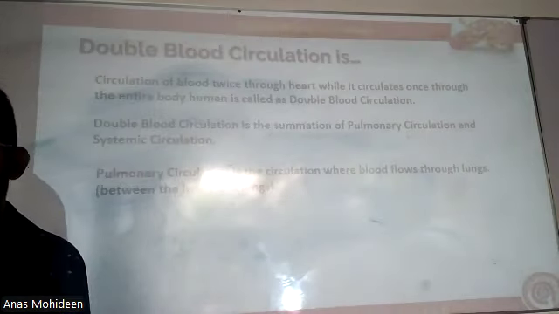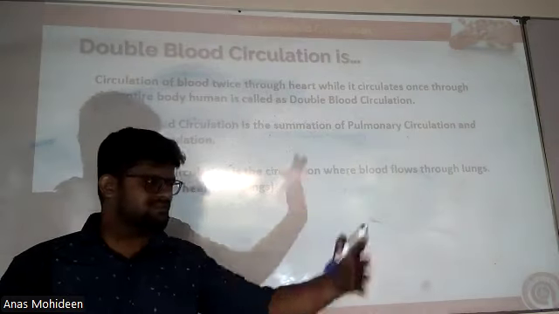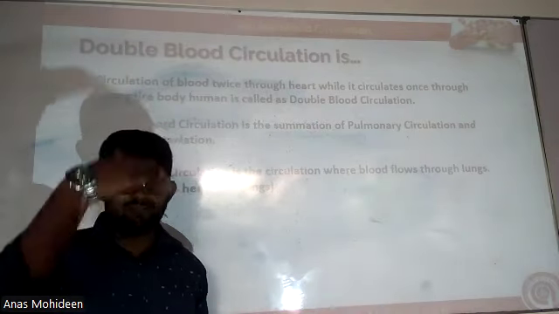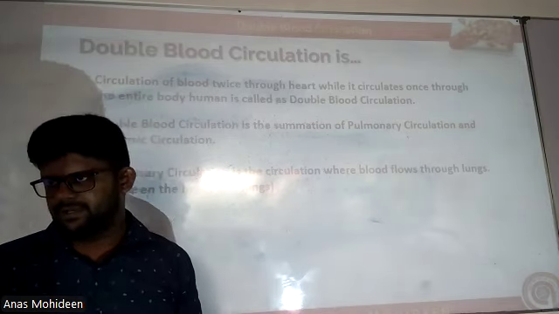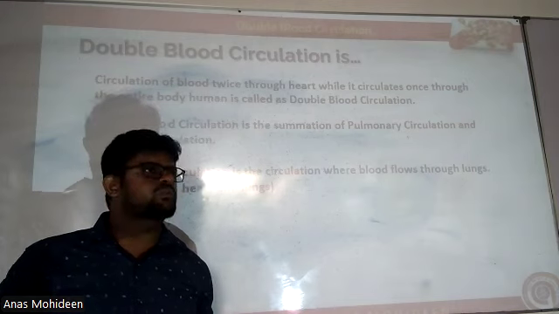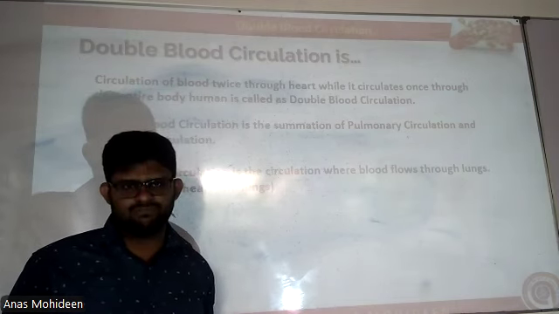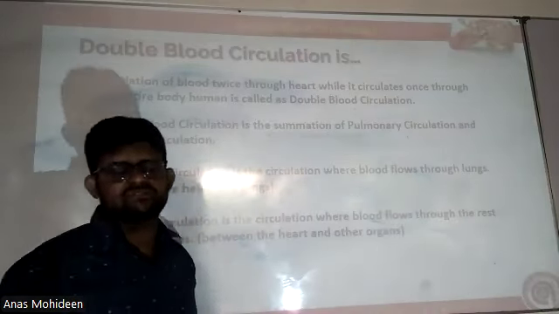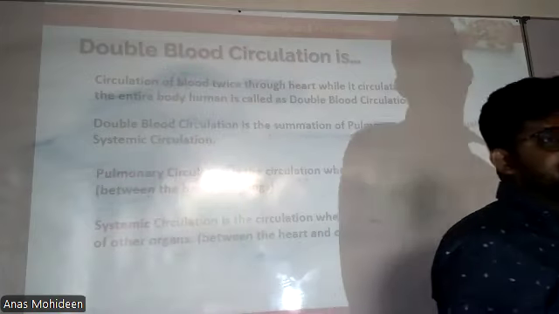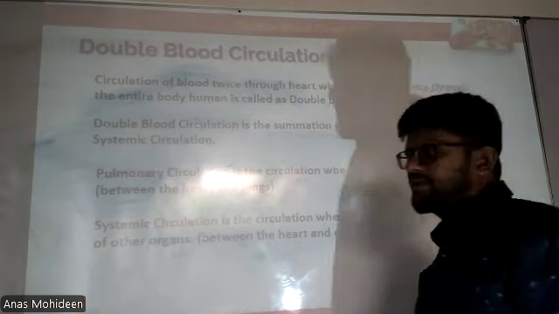Pulmonary circulation is the blood circulation between the heart and the lungs: heart to lung, lung back to heart, through the pulmonary arteries and pulmonary veins. Systemic circulation means from heart to organs, organs back to heart. The summation of these two, pulmonary and systemic, is what we term double blood circulation. Let's write that down: double blood circulation, circulation of blood.